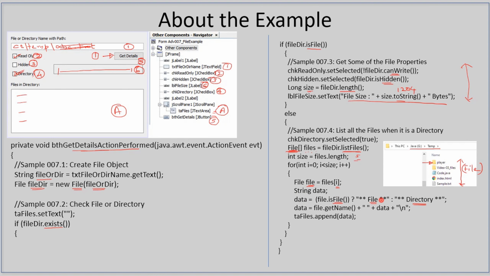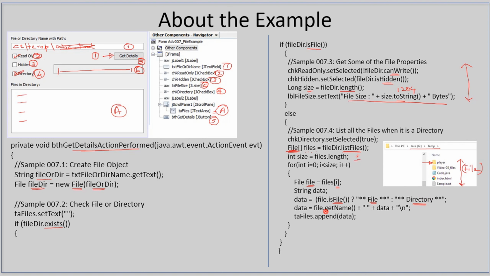So the data will have file or directory based on whatever is currently iterated. Say for example, very first time we will be getting player. File of i is player, file of 0 is player. This isFile will return false, so you will go here and we print directory.